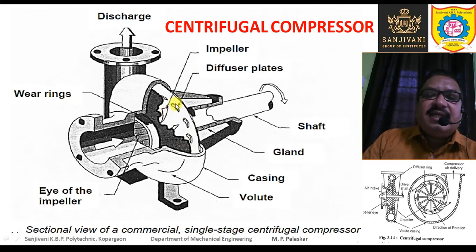We have the impeller discs, which are surrounded by the diffuser ring. We can have a number of impeller discs mounted along the axis of this shaft.